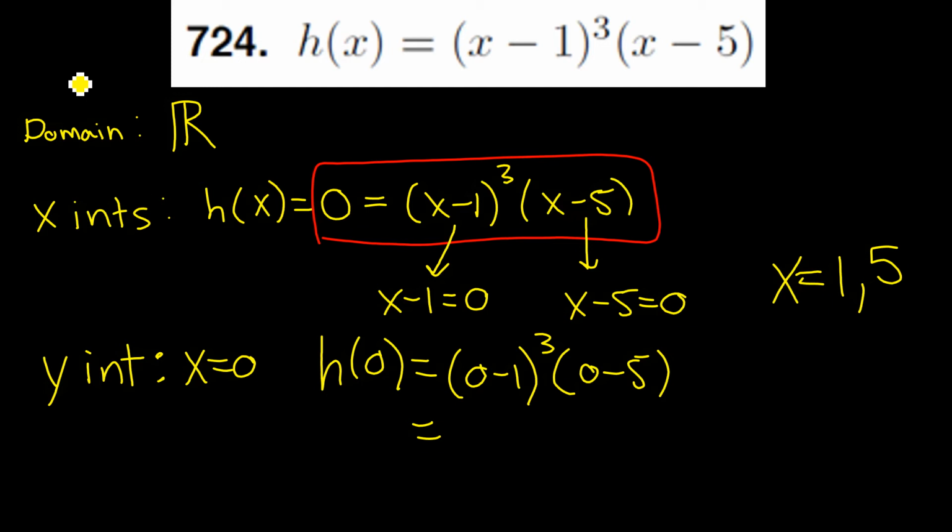Negative 1 cubed is negative 1. We multiply that by negative 5, which gives us 5. So our y-intercept is at y equals 5. These are all the things we know from our original function.